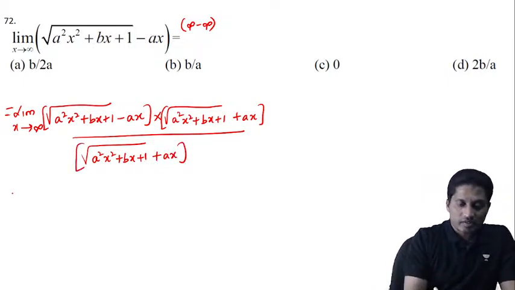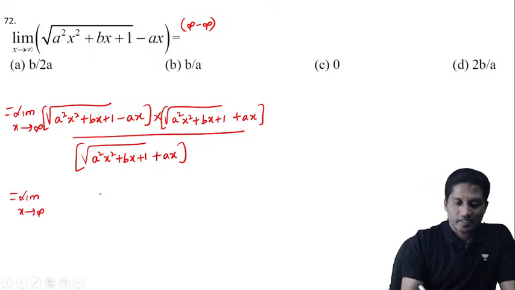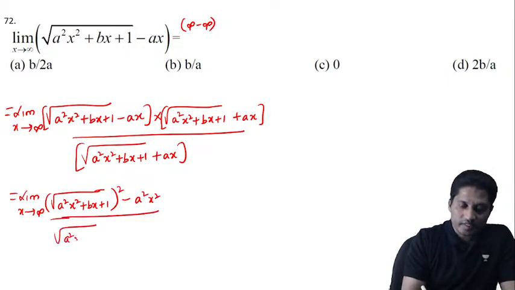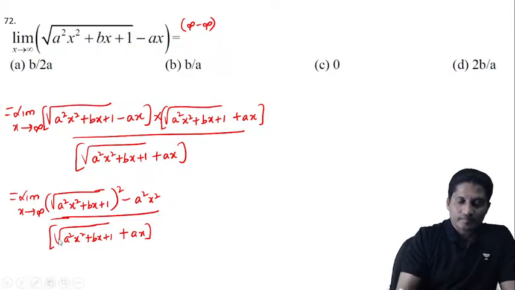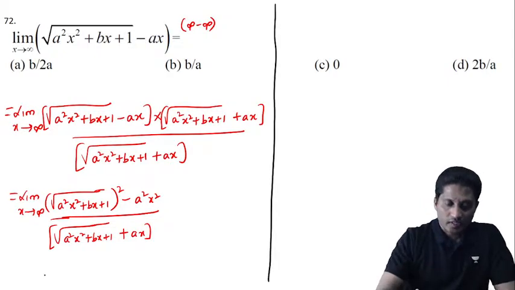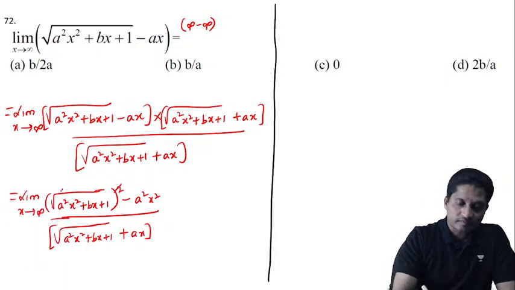Now this is equal to limit x tending to infinity. (a plus b) into (a minus b) is a square minus b square. Root of a square x square plus bx plus 1, this whole square, minus a square x square, whole divided by root of a square x square plus bx plus 1 plus ax. Now in the numerator the root and square cancel.